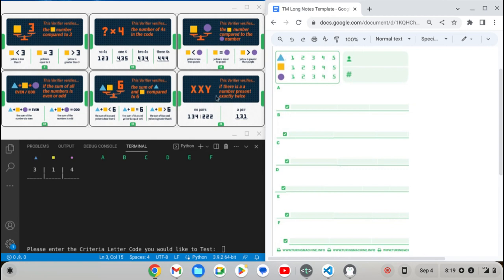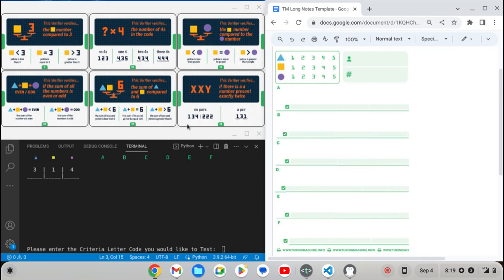And finally, criteria card F will look at the 3-digit solution and tell us a little bit about the structure, so to speak. Specifically, it can tell us whether the solution has a pair of digits, as in the example 131, or alternatively, there are no pairs, but there are 2 scenarios.